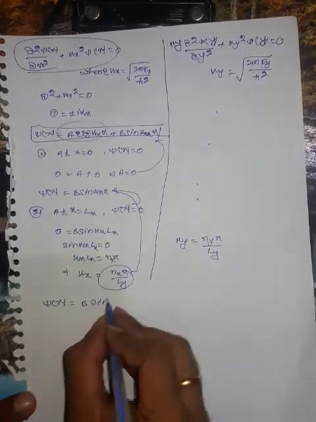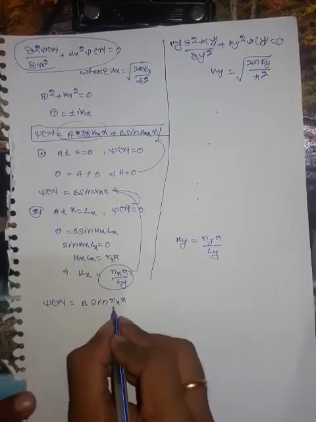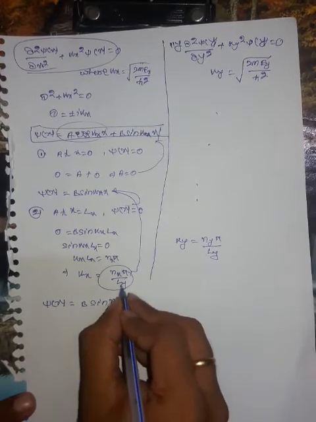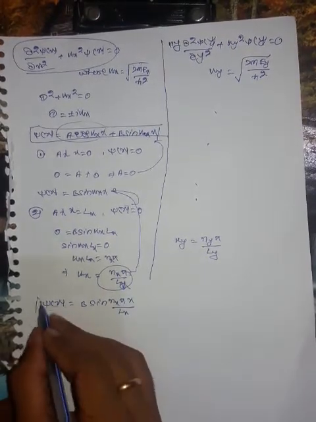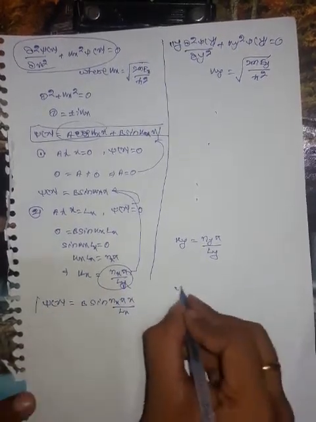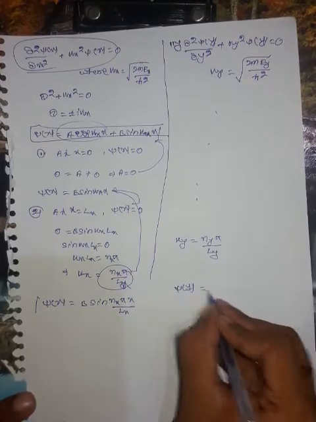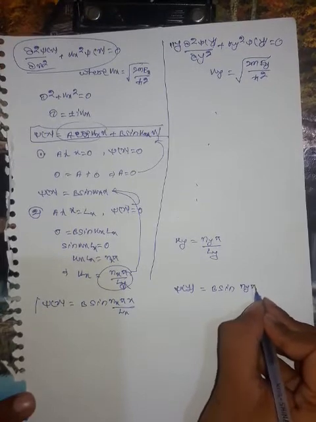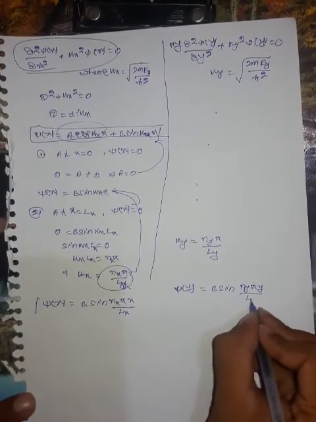So putting that value in the equation, the function becomes psi of x is equal to B sin, putting the value of kx, nx pi x divided by Lx. Okay, this is the wave function in the x coordinate. Similarly, the wave function in the y coordinate, psi of y, can be written as B sin ny pi y divided by Ly.